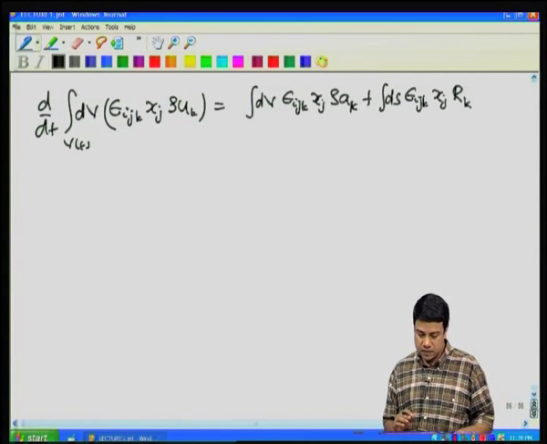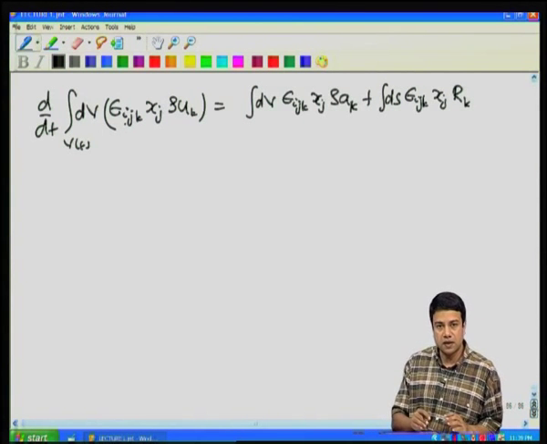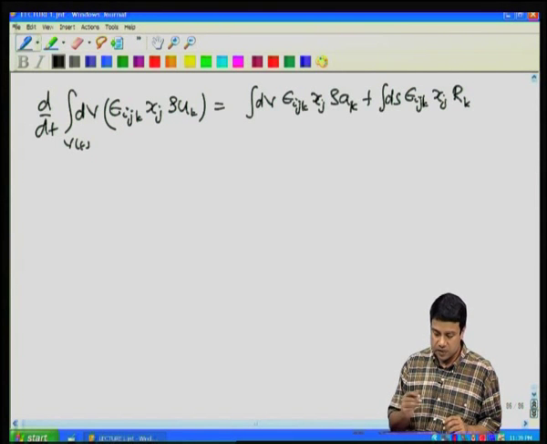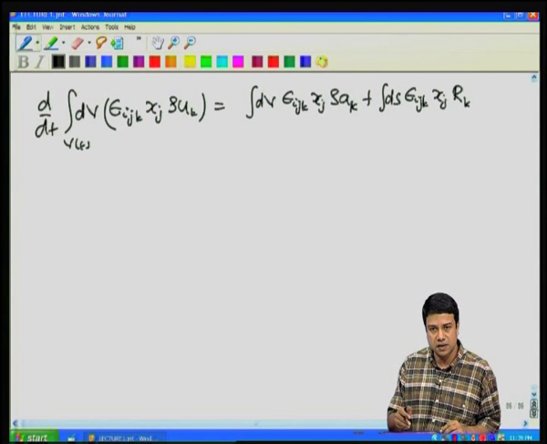Note that when I take the cross product, I have taken ε_ijk times x_j, x with u. So, the second index j is on x, third index k is on u. Similarly, on the right hand side, second index j is on x, third index is on the acceleration or the force in the final expression.